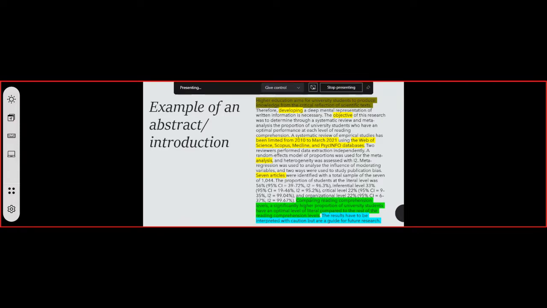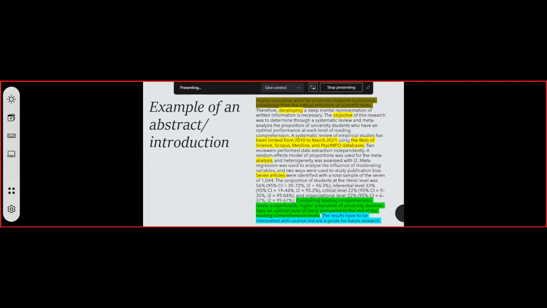So they start with just an overall introduction, or just to give the context. Remember, we said just now in your introduction, you want to give the reader context. So in this context, they said higher education aims for university students to produce knowledge from critical reflection of science text.